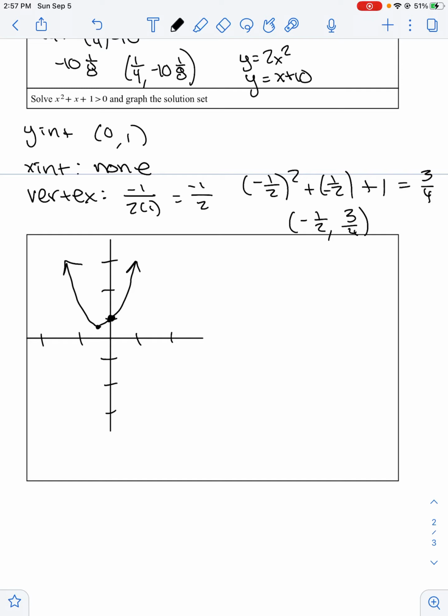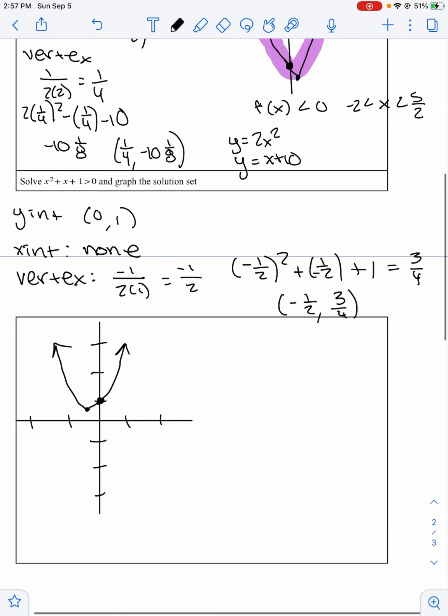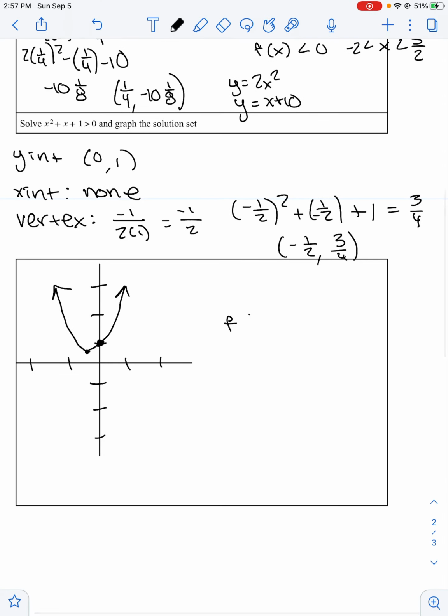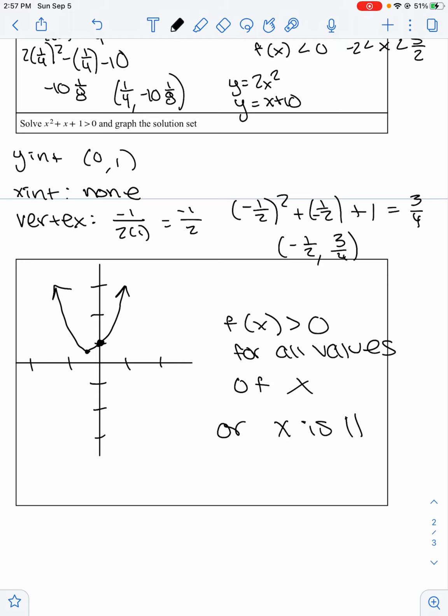So since this graph is above the axis the whole time, for all real values of x we have a solution. So we write it as f of x is greater than 0 for all values of x, or x is all real numbers.